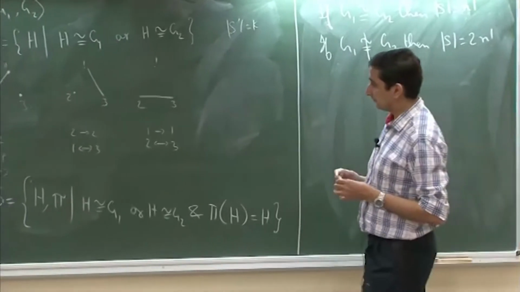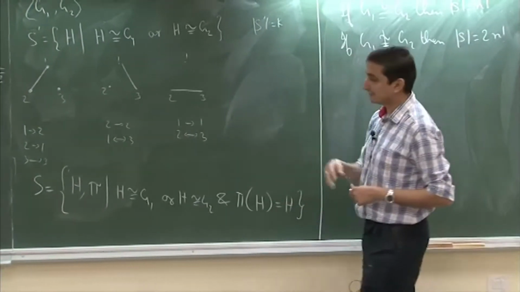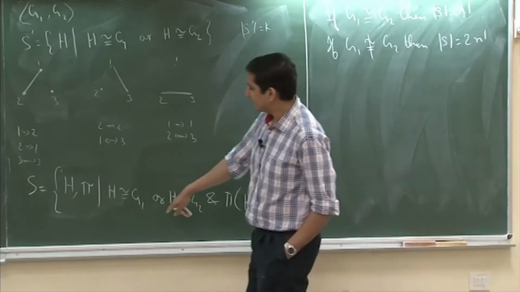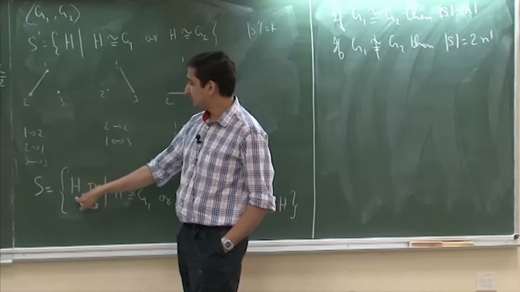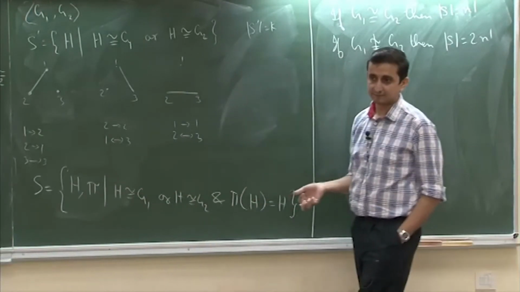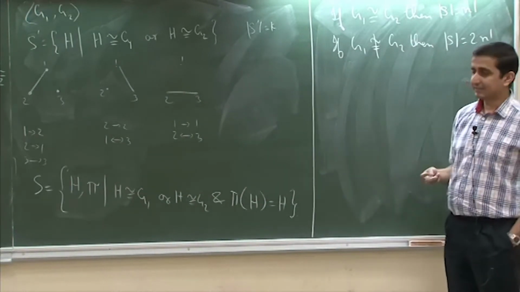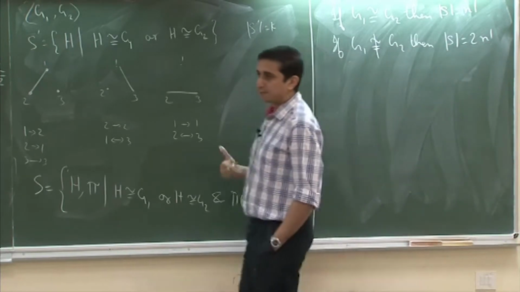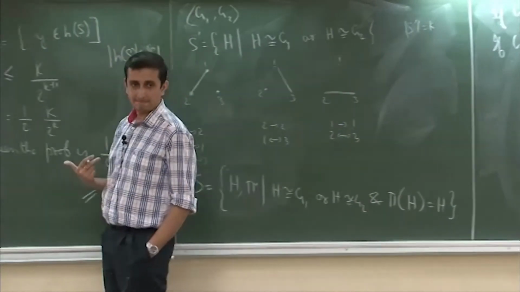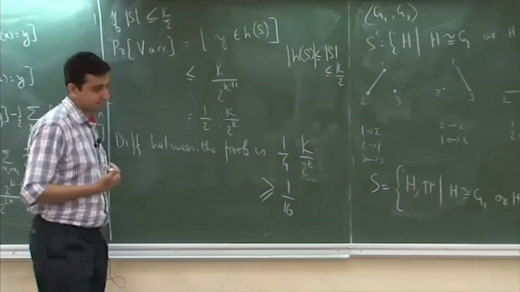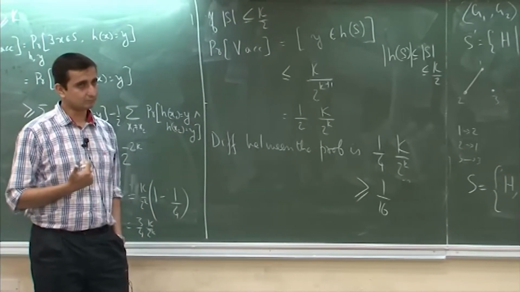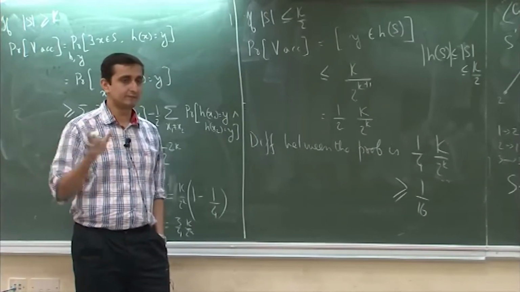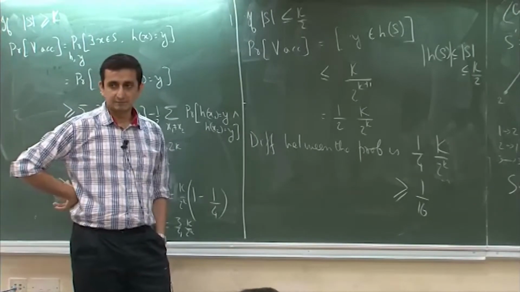So now we will consider this set in our set lower bound protocol, and it is easy to see that membership in S can be efficiently verified. If you have a graph H and pi, what would be a certificate that would be able to verify membership efficiently? G1 and G2 are two fixed graphs, so that is known to the NP machine.